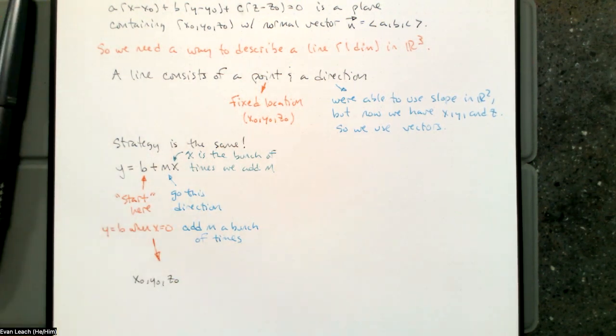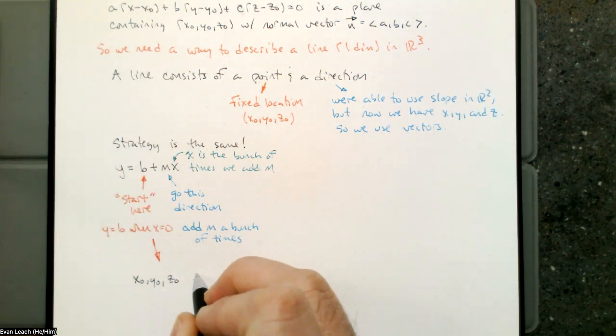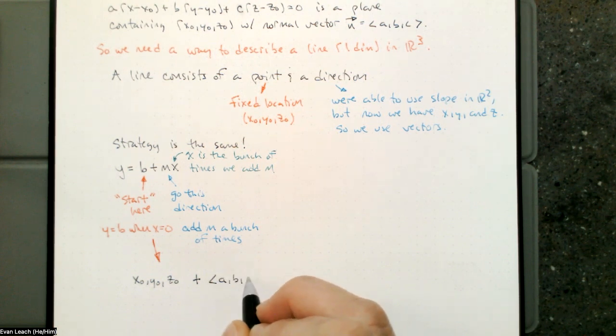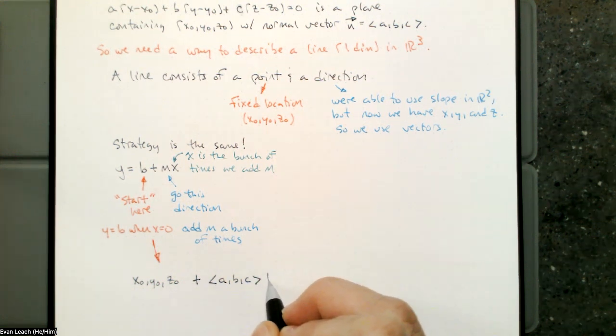Then we're going to add a direction vector a bunch of times.